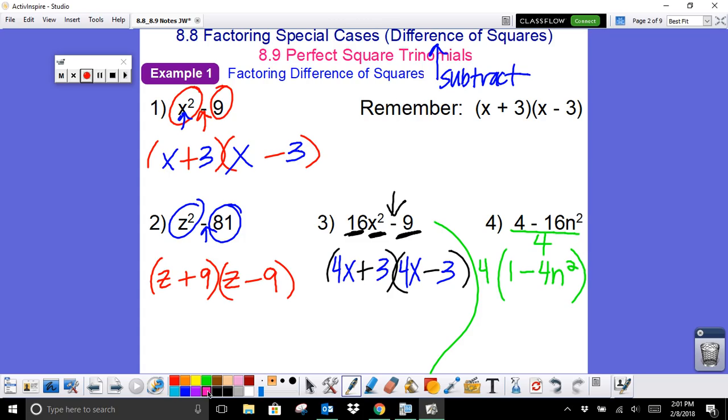All right, now we learned in the 2 previous class periods that when you take a GCF out, you still have to see if what is left can be factored. Well, now that we have a binomial today, you are going to check to see if this 1 minus 4n squared is a difference of squares. So let's check. Is 1 a perfect square? Yes. Is 4 a perfect square?